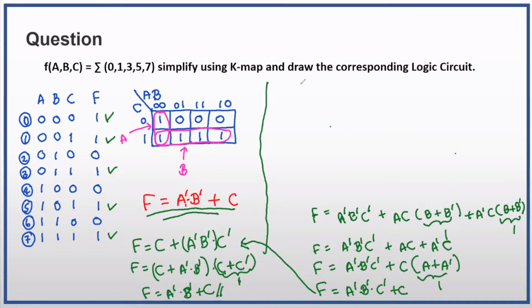So the Boolean function that I got is A dash B dash plus C. So now you can see there are three inputs, A, B, and C.